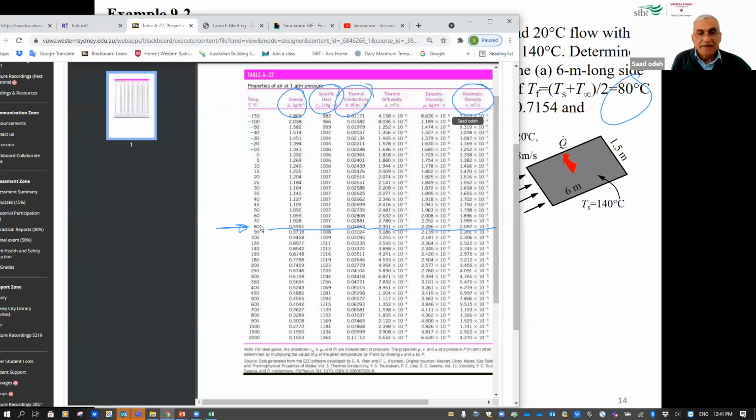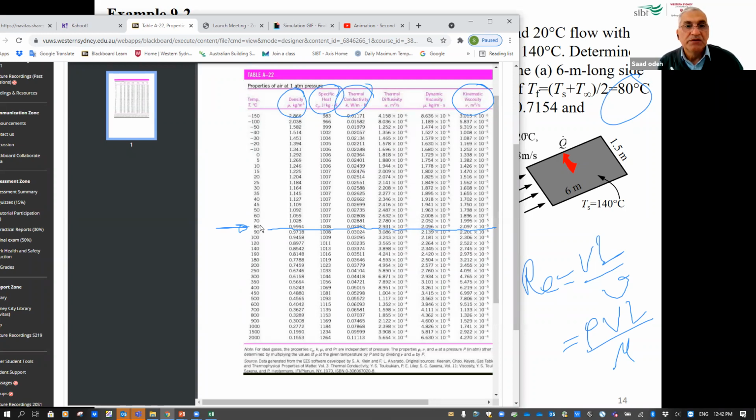We said that the Reynolds number is equal to V times L divided by the kinematic viscosity, or density multiplied by velocity multiplied by L divided by the dynamic viscosity, mu. Which one you use doesn't matter. You just need to substitute the value here and find Re. So this is what I wanted to show you, table A22.